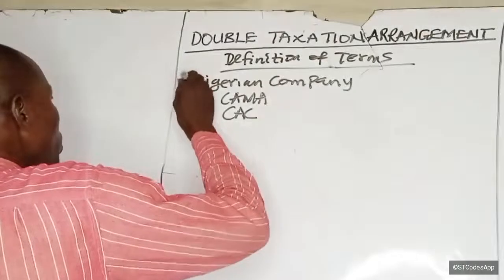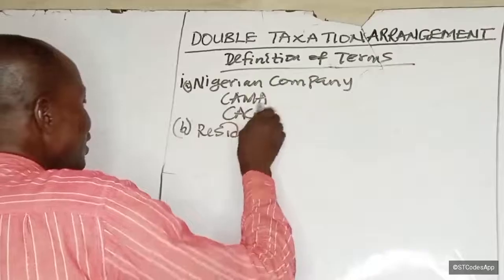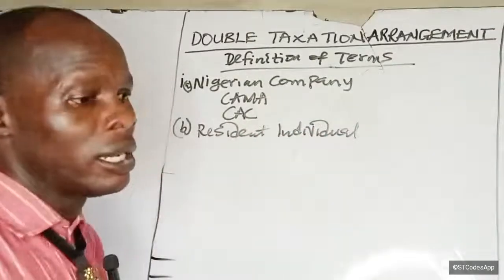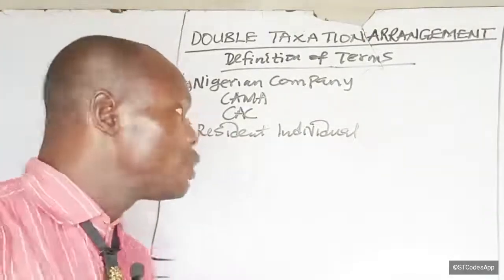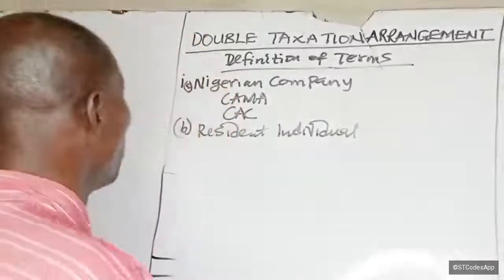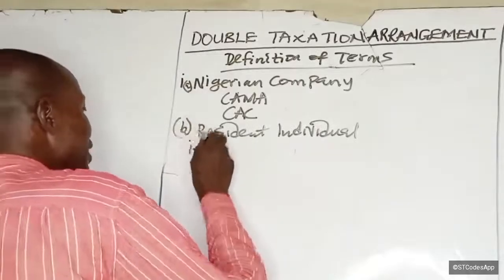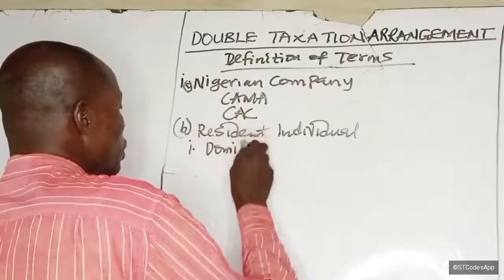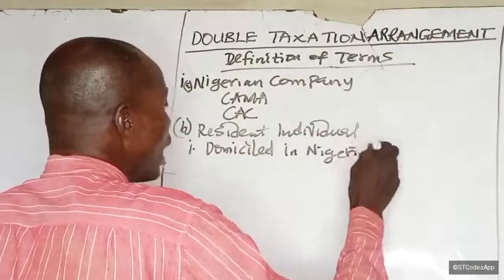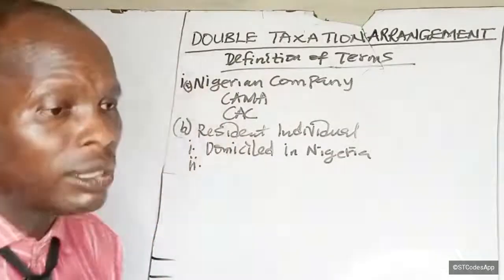Number two is resident individual. An individual is said to be resident in Nigeria if such individual is domiciled in Nigeria. An individual who is domiciled in Nigeria is said to be a resident individual.